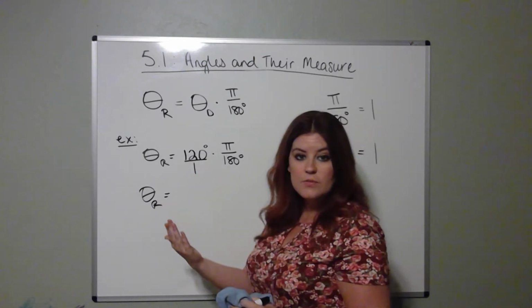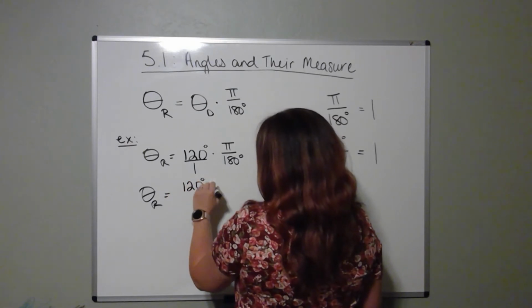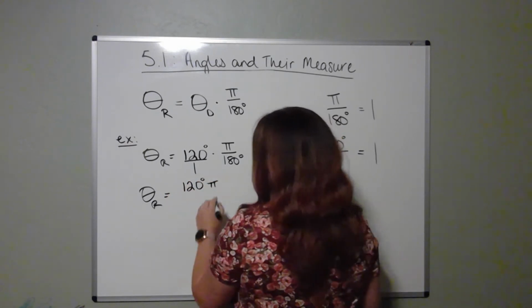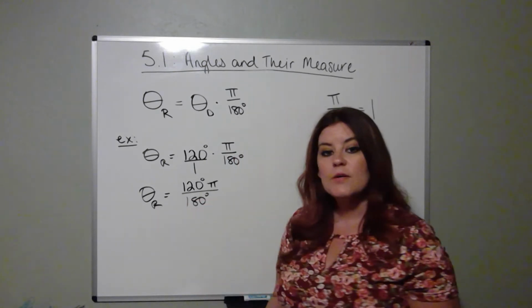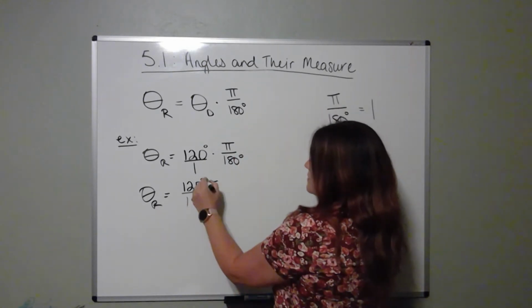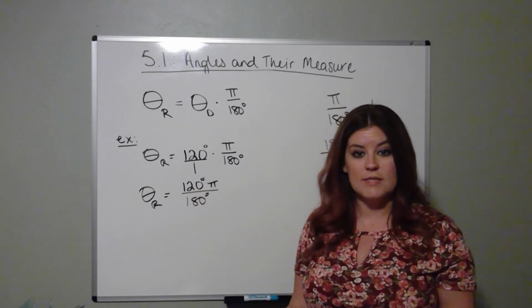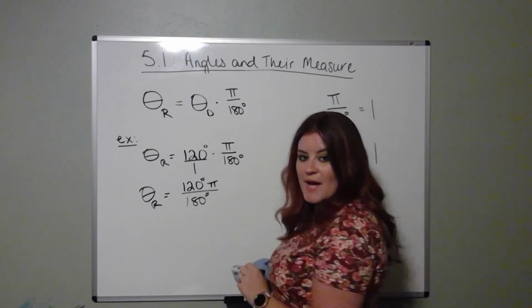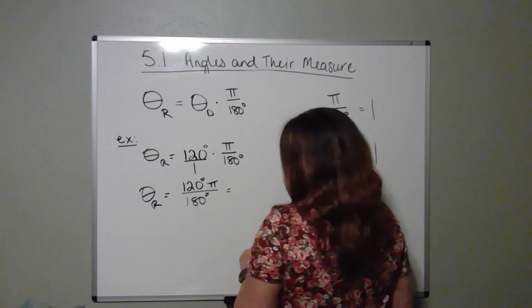You could say it's 120 degrees over 1. So I have 120 degrees and a pi on the top. On the bottom, I just have 180 degrees. So here's what's happening. Notice the degree units cancel each other out, so I'm not in degrees anymore. And I have a pi in there. It seems like everything's going the way I wanted it to.